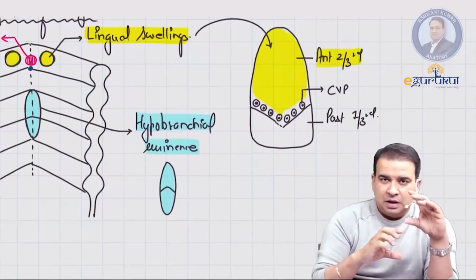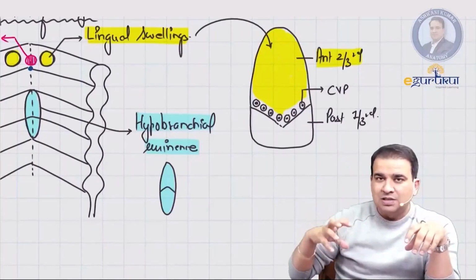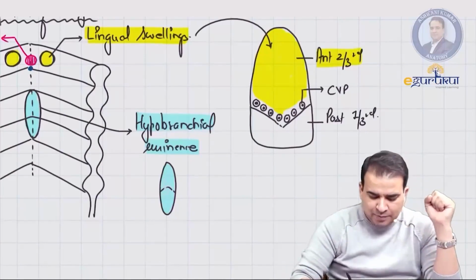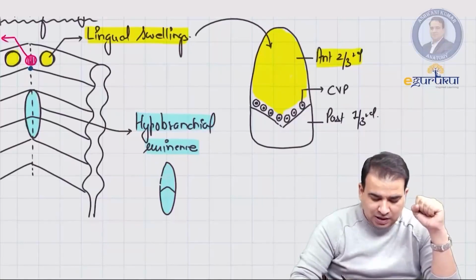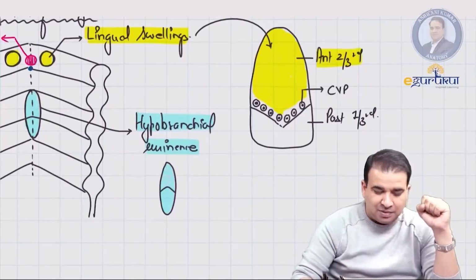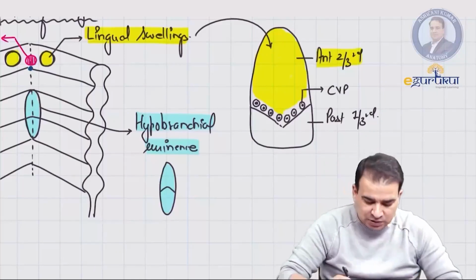Vagus nerve. But when you talk about the nerve supply of the posterior 1/3 of tongue, it is not the vagus nerve, it is the glossopharyngeal nerve only. That means not the entire hypobranchial eminence, only the cranial part of the hypobranchial eminence, this much. Only the cranial part will give rise to the posterior 1/3 of tongue, because the nerve supply is the glossopharyngeal nerve.